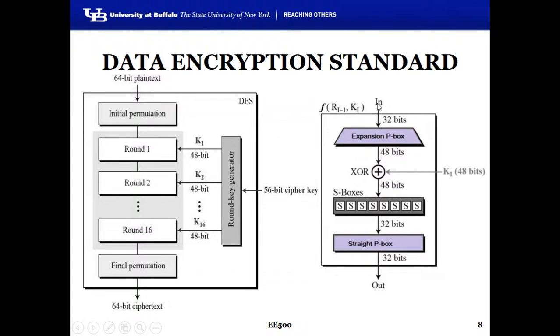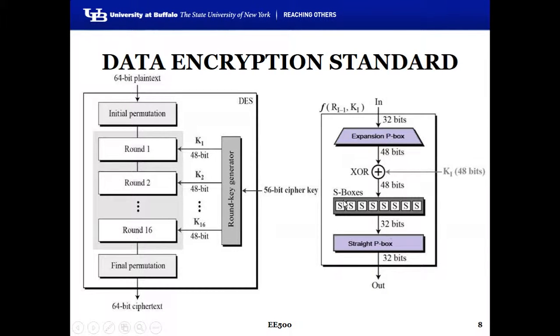Initially the input that you get is 32 bits, and then the 32 bits get expanded to 48 bits, and we do the XOR function with the incoming key. So here you have the 48 bits of data and you XOR it with the 48 bits of key. And that 48 bits goes into S boxes.